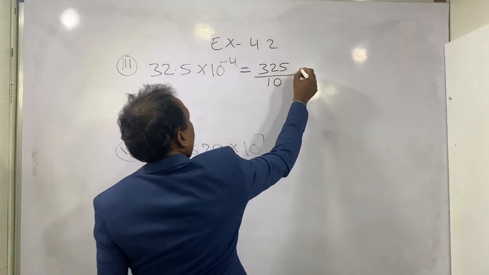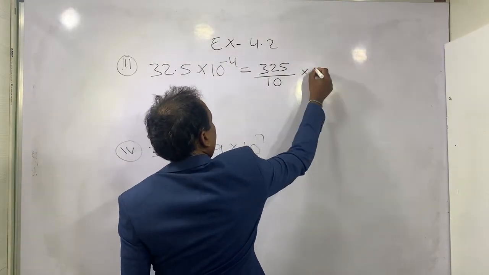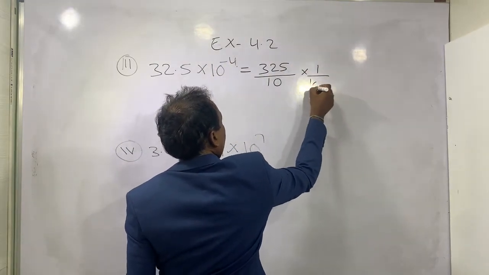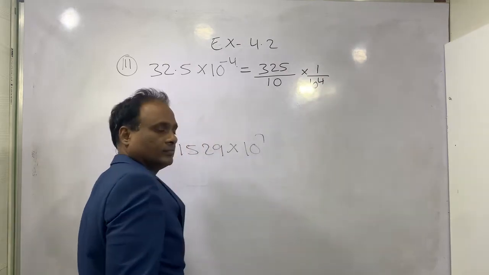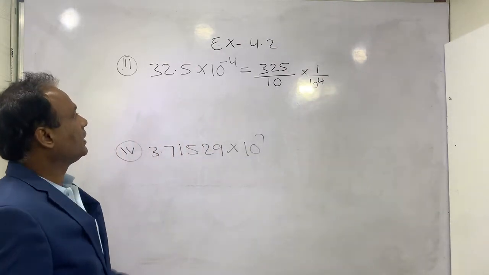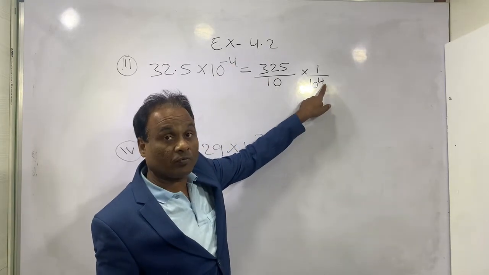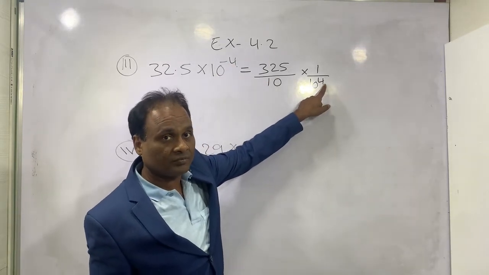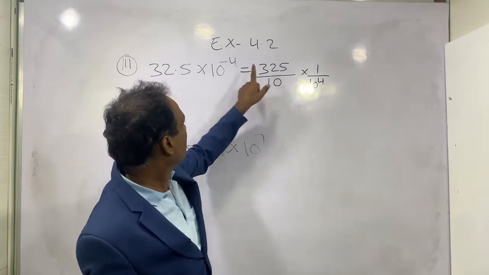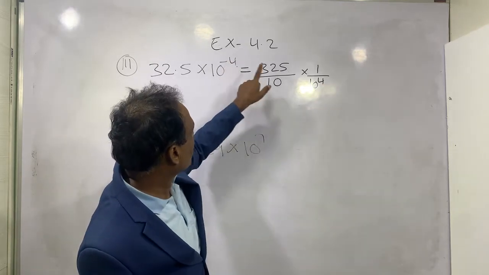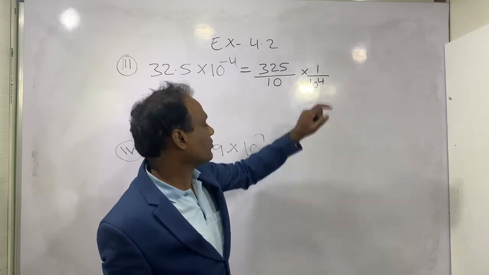10 to the power of minus 4: make the power positive. If 10 to the power of minus 4 is written in the denominator, it will become 10 to the power of plus 4. We studied this formula. We know this. If you take this into the denominator, the power will become positive.